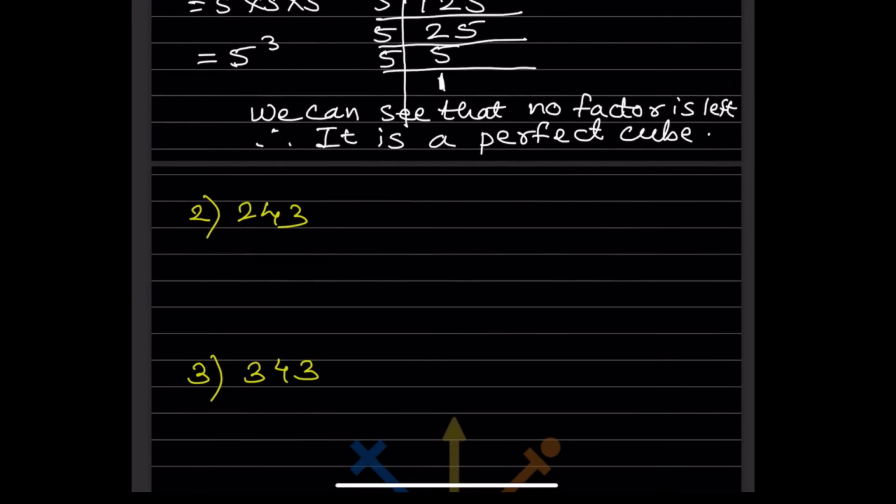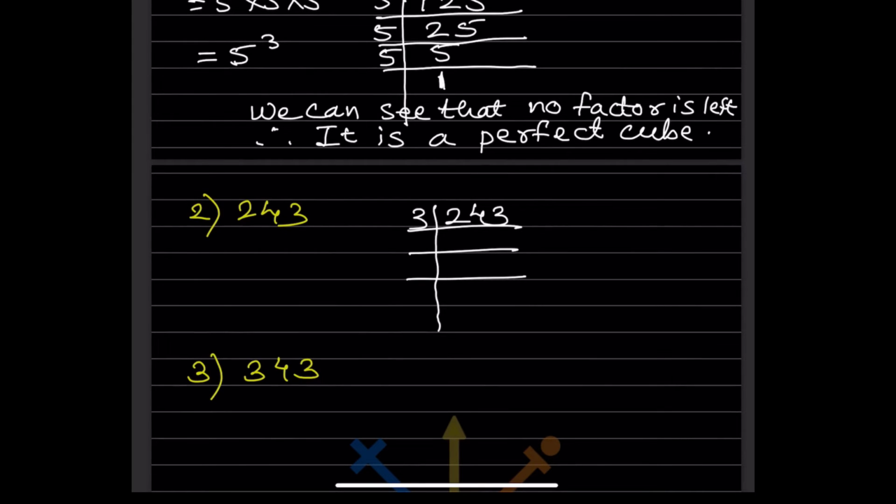So now we have 243. Let us take it here. 243 is divisible by 3, 3 eights are 24, 3 27s are 81, 3 9s are 27, 3 3s are 9, and 3 1s are 3. Now when we make groups of 3, we have five 3s here.